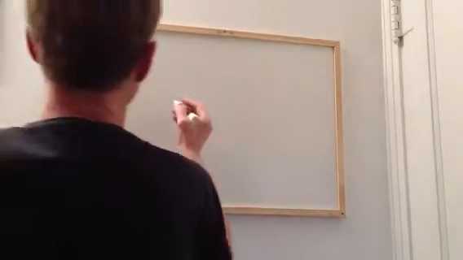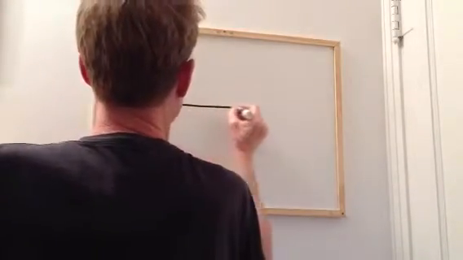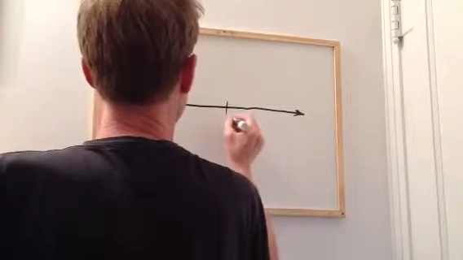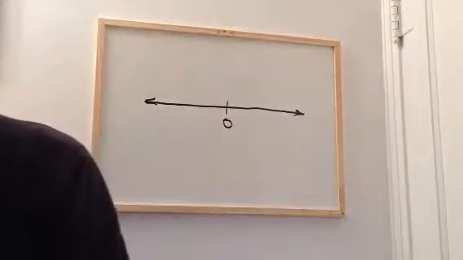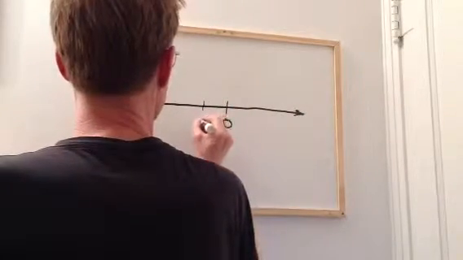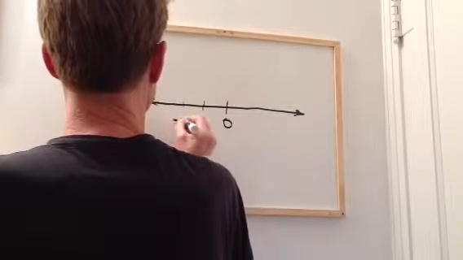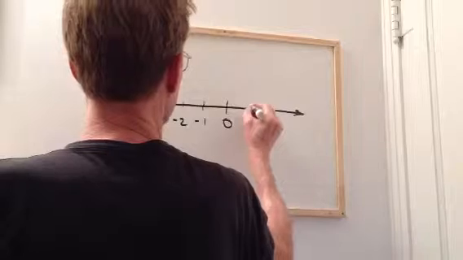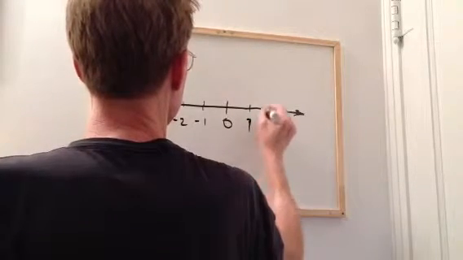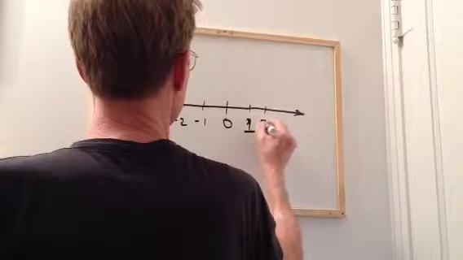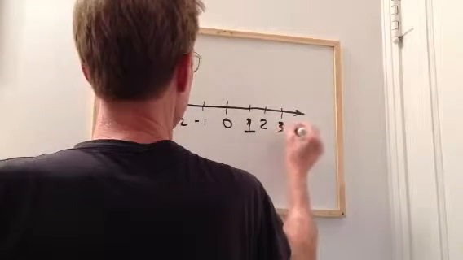Now, you probably had occasion to use what they call the real number line, where you have a starting point of 0 and you go off in either direction. Negative usually goes to the left like that. Positive numbers usually go to the right like that.